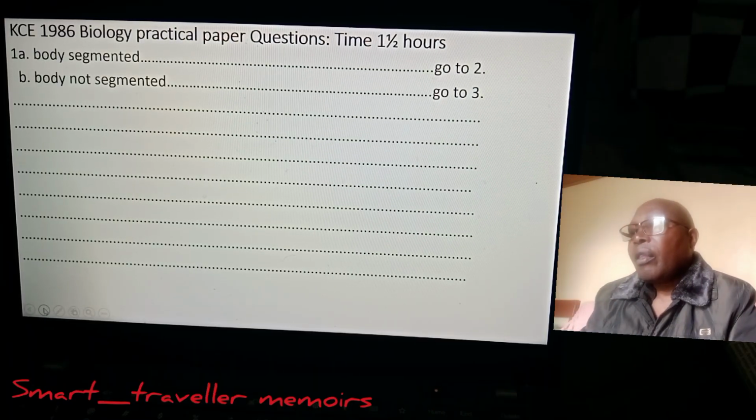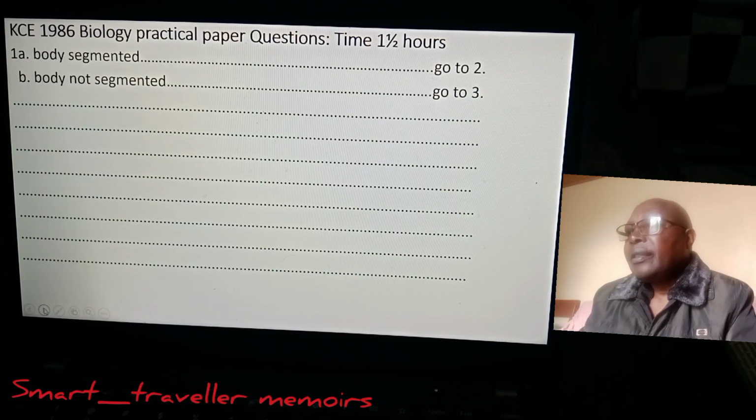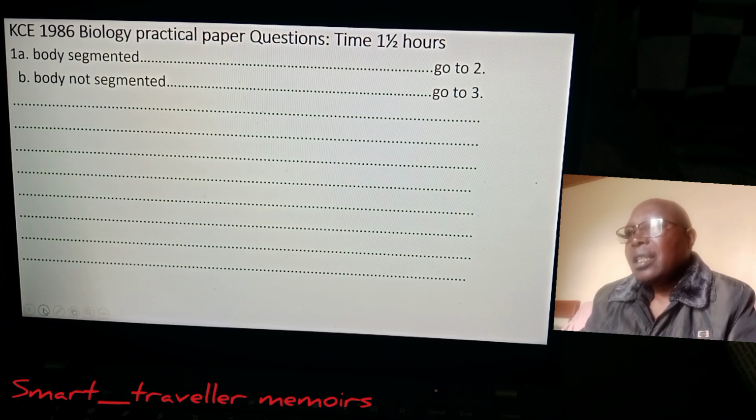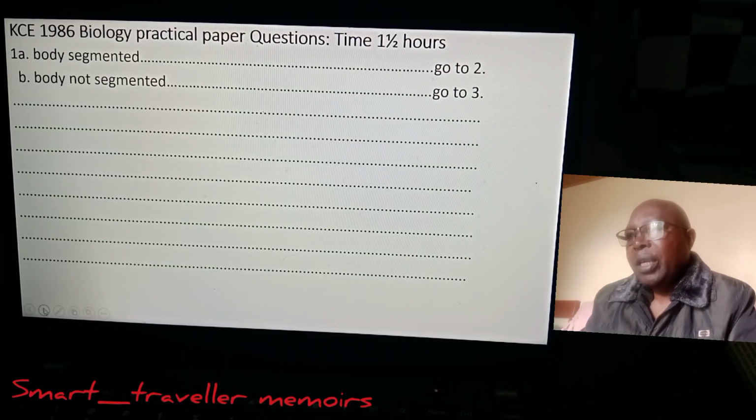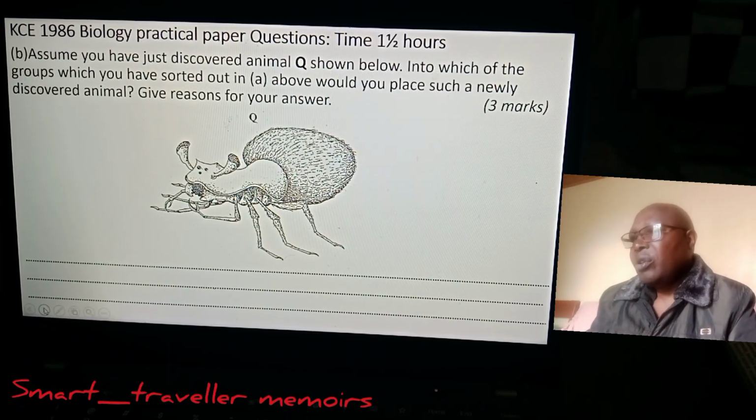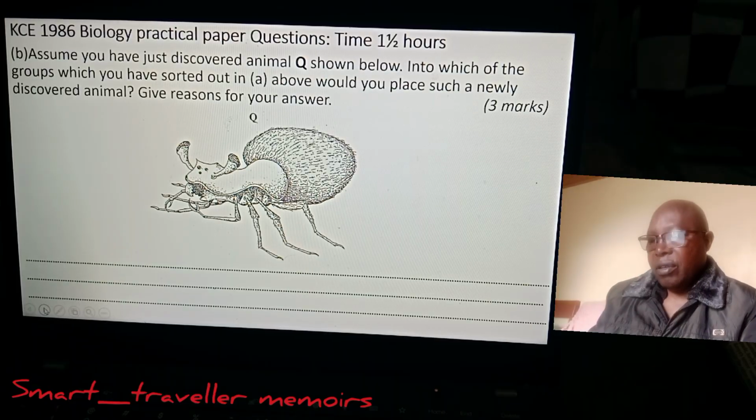So here they have started for you the dichotomous key, where they start with 1A, body segmented, go to 2, and 1B, body not segmented, you go to 3. So from there now, continue with the key until you classify all the animals.